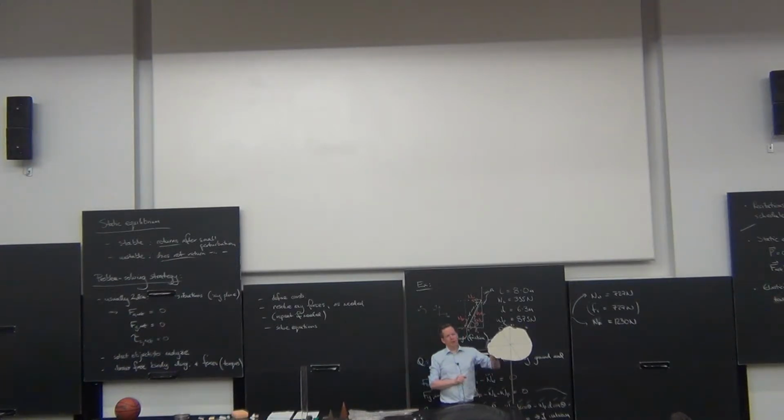All you need to do is hang this from 2 points anywhere on the object, and those lines will cross one another at the center of gravity of that object. So it's an easy way to determine centers of gravity: hang it, draw vertical lines, look at the intersection of the vertical lines, and that's the center of gravity.